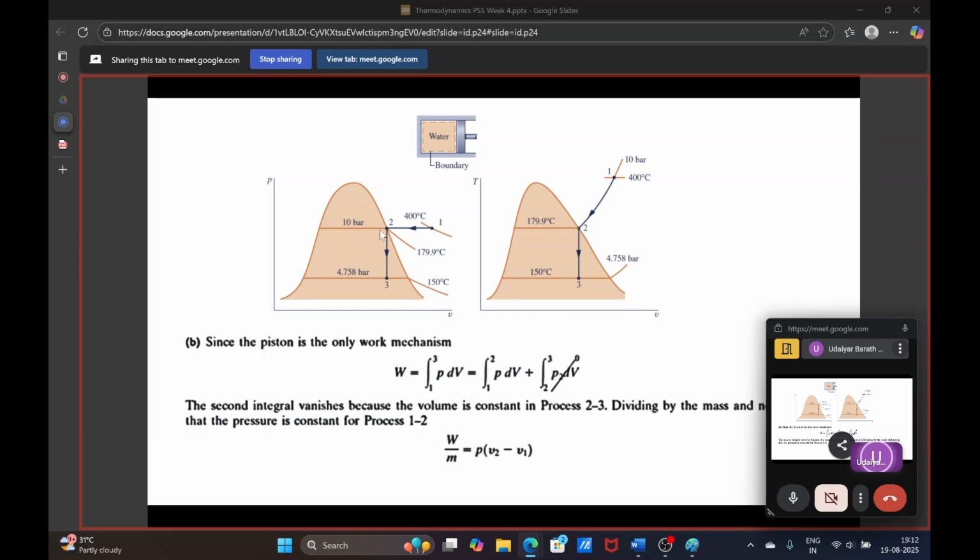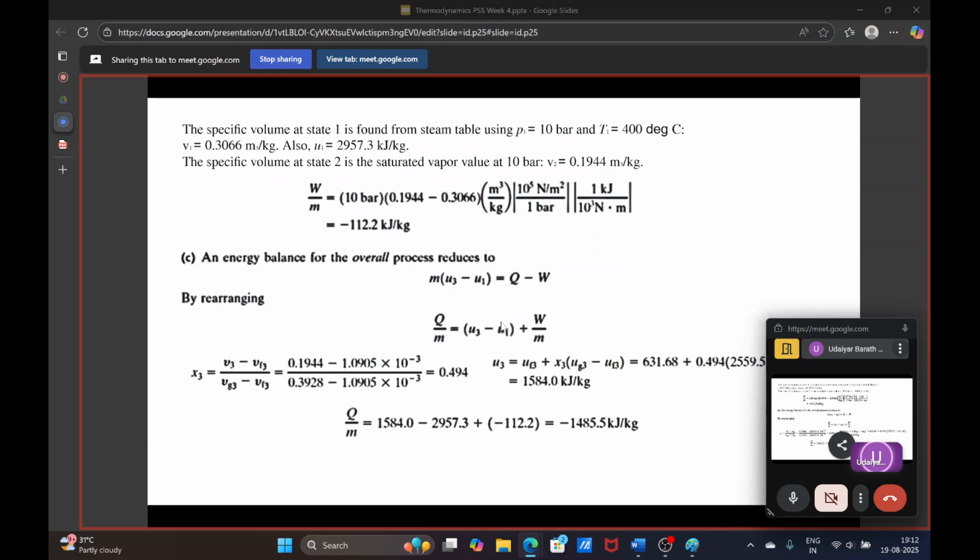So we need to find the specific volume of saturated vapor at state 2 and the initial specific volume from the steam table. At 10 bar and a temperature of 400 degrees Celsius, your specific volume is 0.3066 meter cube per kg, and similarly your specific internal energy is 2957.3 kilojoule per kg.